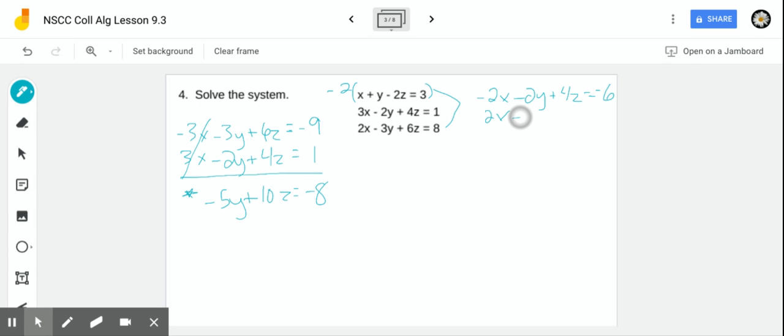And then that bottom equation I didn't change. The x's eliminate, so I get -5y plus 10z equals 2. All right, star that equation.